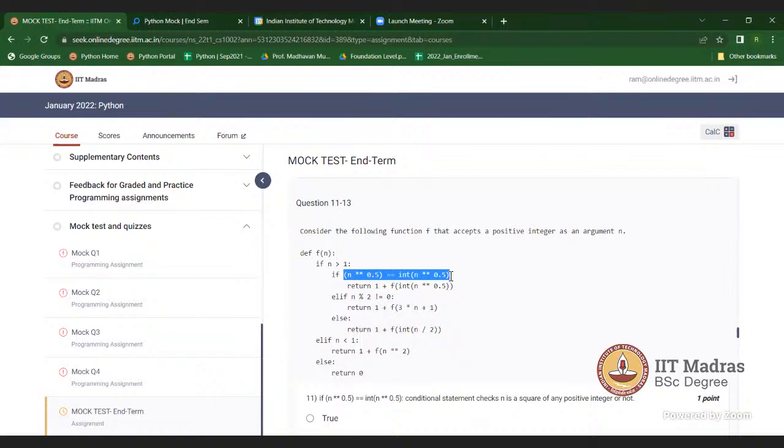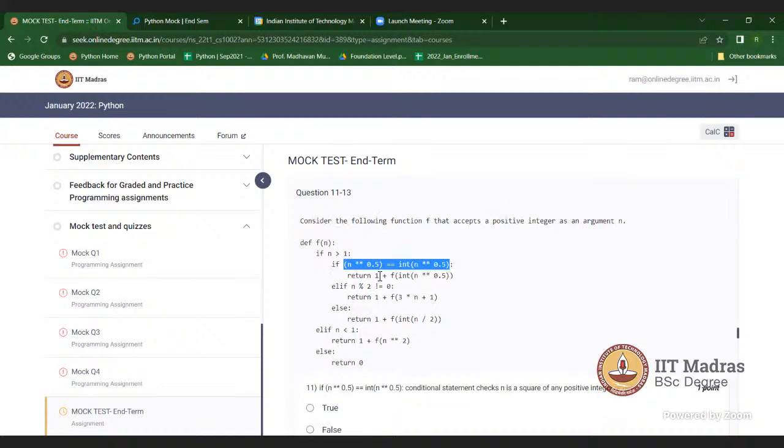If we have a perfect square root, then let's say n equals 4. n star star 0.5 is nothing but 2, right? 2 equals int of 4 star star 0.5.